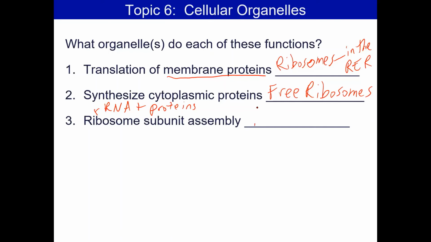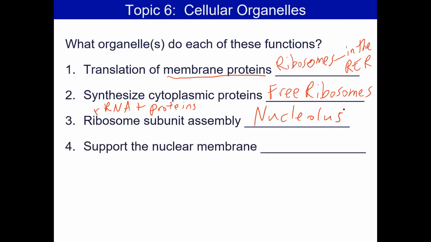So these are assembled in the nucleolus. What is the nucleolus again? It's the dark thing found inside the nucleus. Ribosomal RNA is being synthesized there like crazy, and that's why it stains so dark. The proteins have to get imported, they go through nuclear pores, and they come together and form the ribosomal large and small subunits.